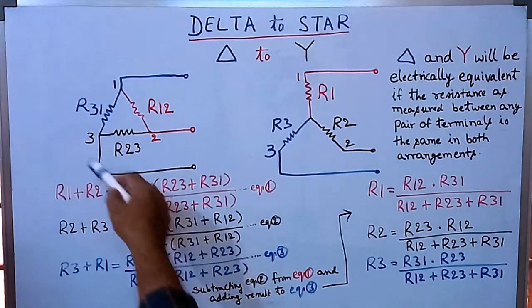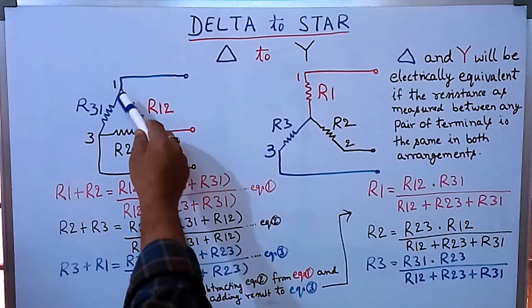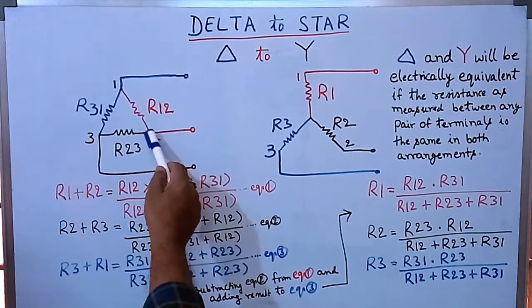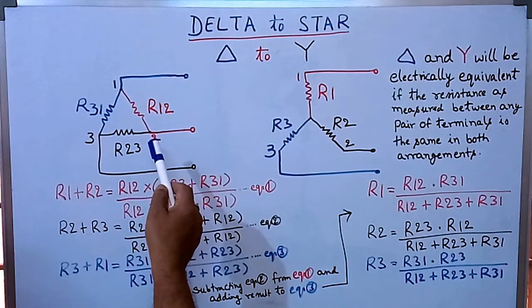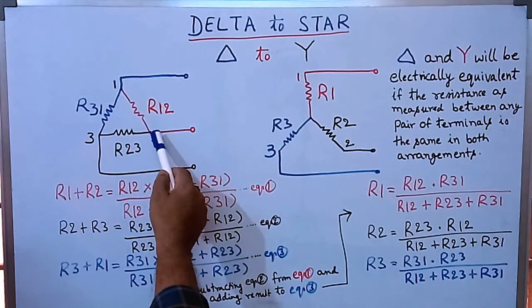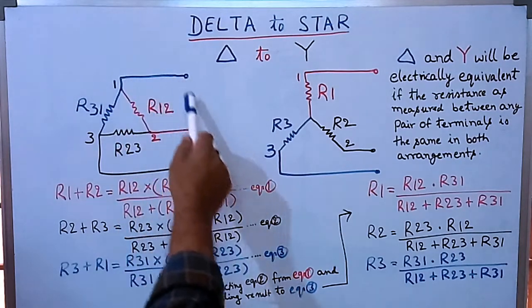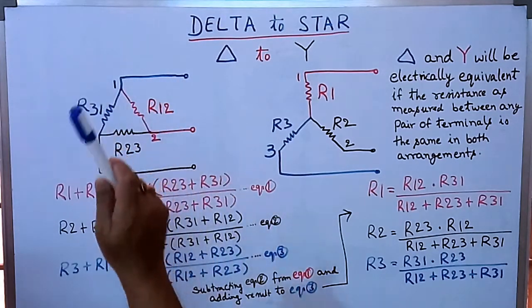Now, considering this delta connection, there are three terminals 1, 2 and 3, and the resistors R12, R23 and R31 are connected in this fashion. This is delta.